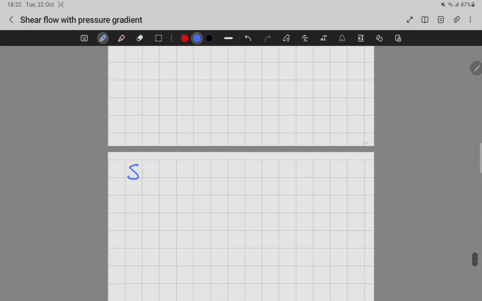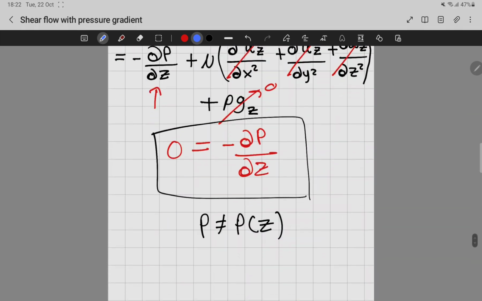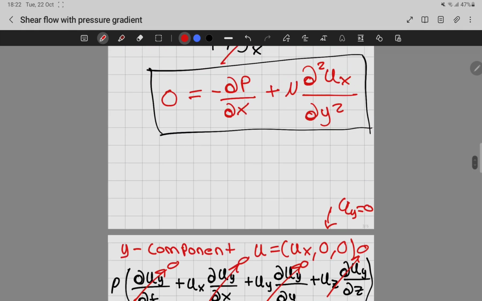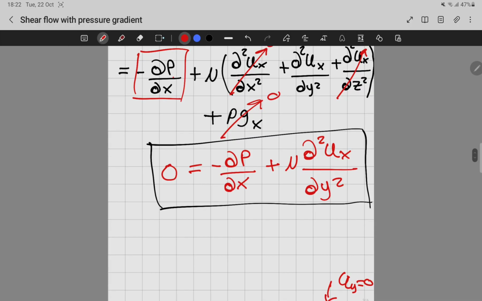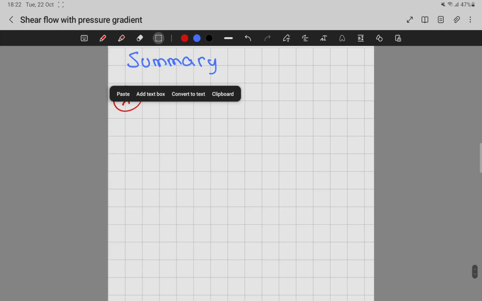So now let's write down a summary of what we have so far. In x direction we have this equation, which I'm going to copy and write down here.